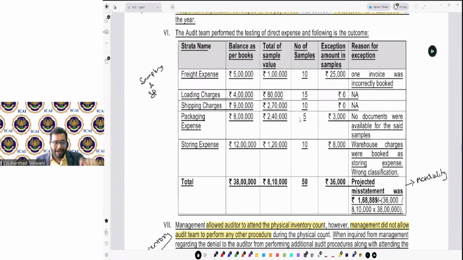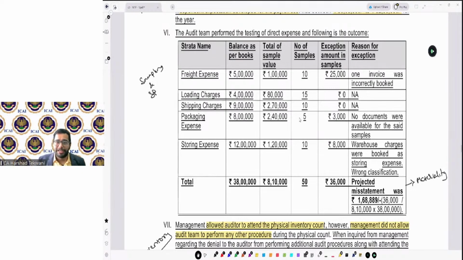Do you think this is the correct projected misstatement? The reason is whether this has been extrapolated in front of the total balance of expenses. I have used the total sample value. I used the balance as per the books of the total expense.